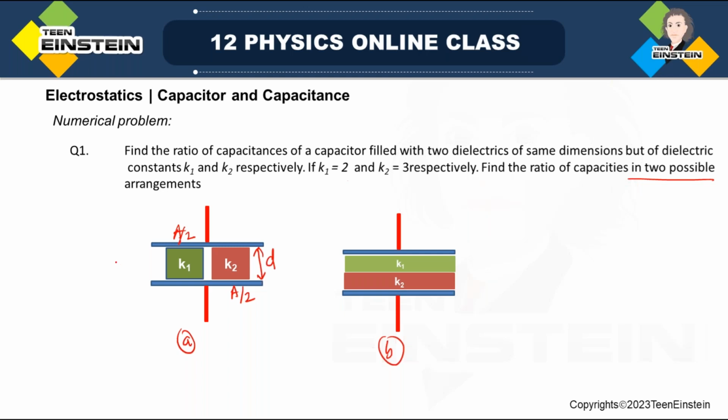Now, in this case you have to actually consider two capacitors. This part alone will act as a capacitor, and the other half will act as another capacitor. When you have two capacitors in combination, you have to see what the equivalent or total capacitance is.